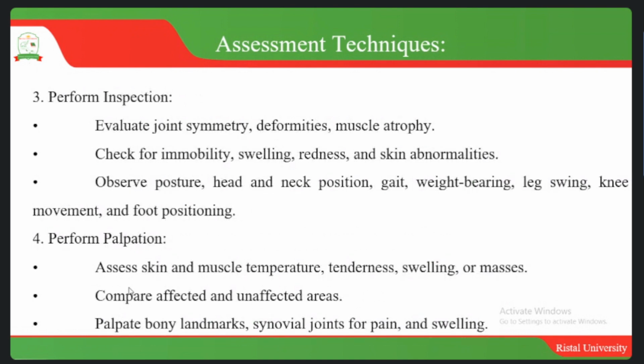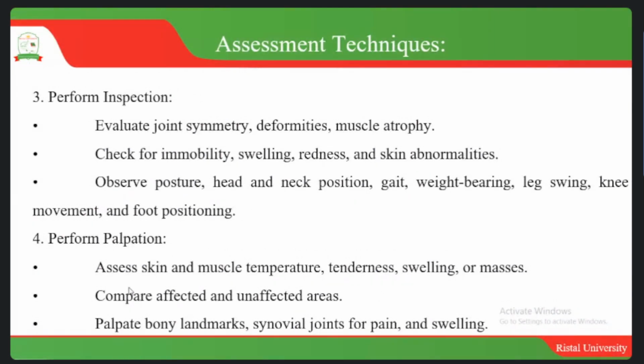The third point is basically to perform inspection. I remember when you talked about the assessment techniques, we managed to understand that inspection is one of the first techniques that we all have to do when carrying out assessment on our patients. So you have to evaluate the joint symmetry.